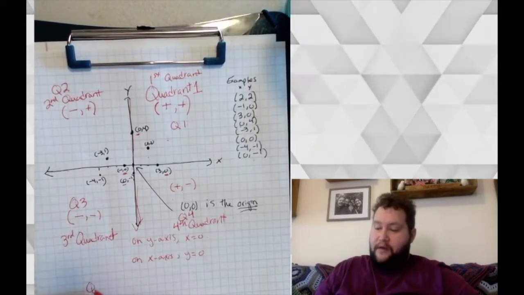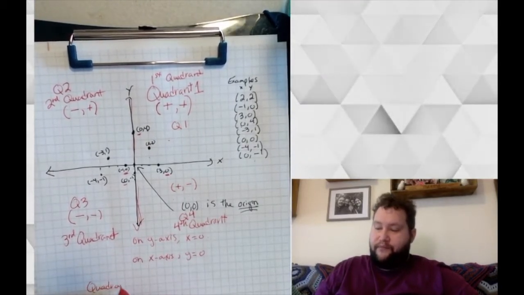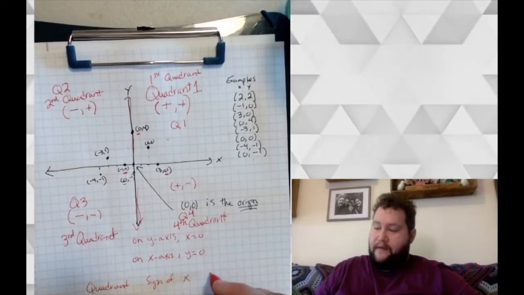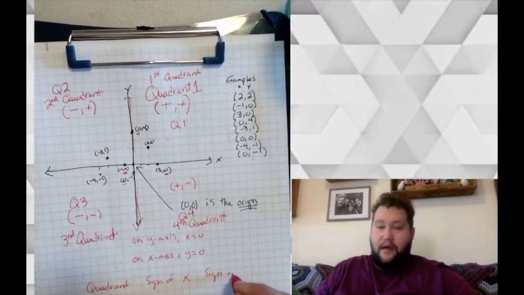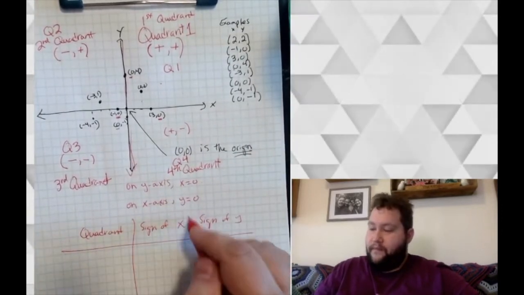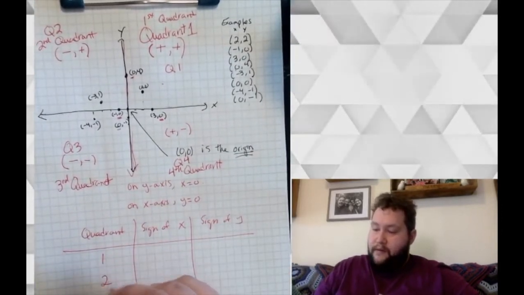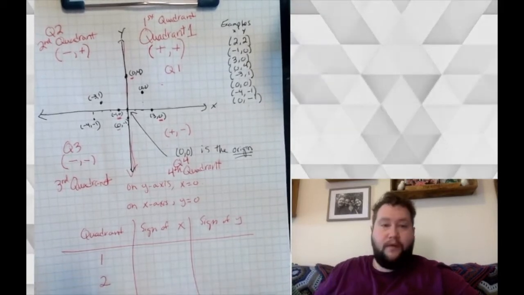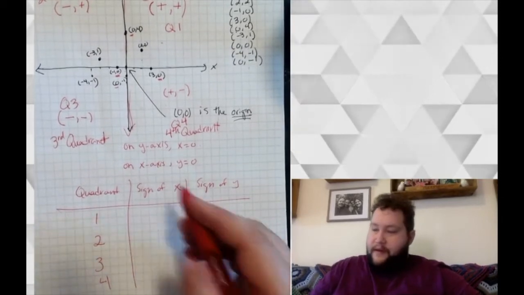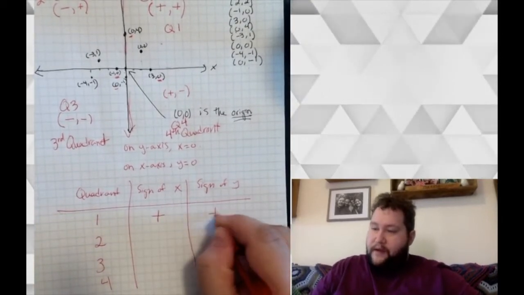And so if we look at the quadrant, the sign of x and the sign of y, we have 1, 2, 3, 4. In our first quadrant, x is positive and y is positive.